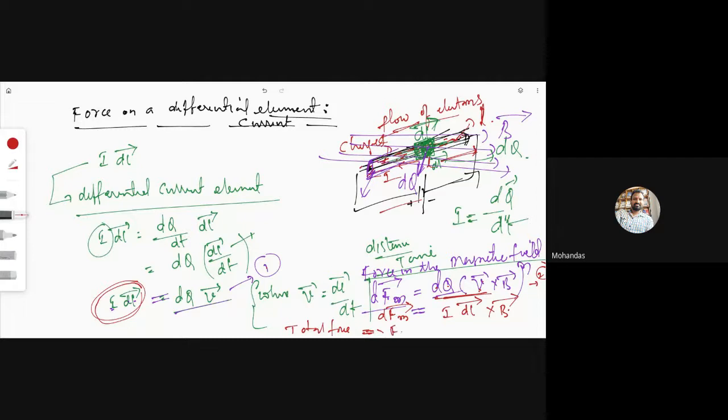Total force Fm equal to integral Idl cross B. If you take the same formula, then the force on this total conductor, which is having the length L, then also you can write Fm equal to I into L cross B. You must have heard this magnetic force equation.